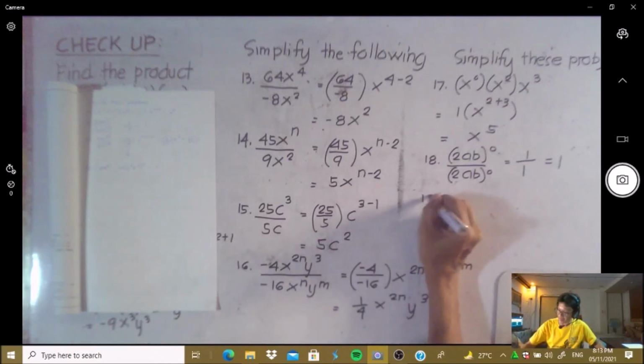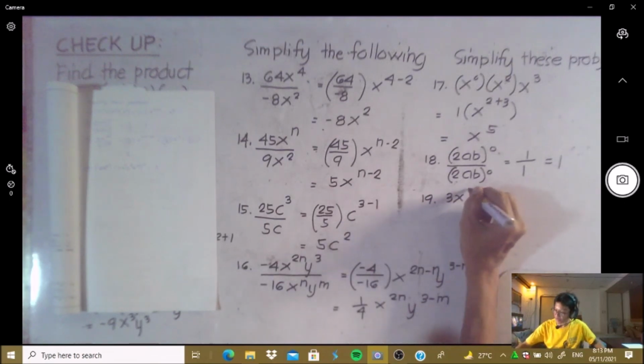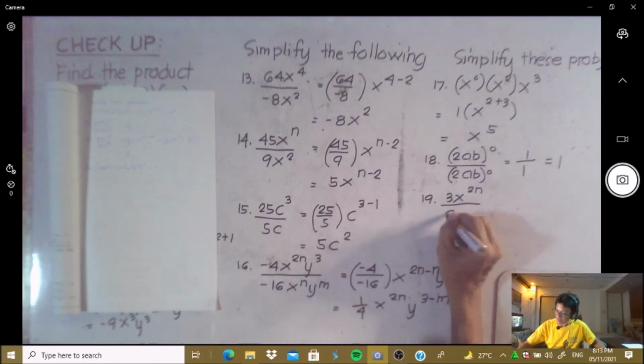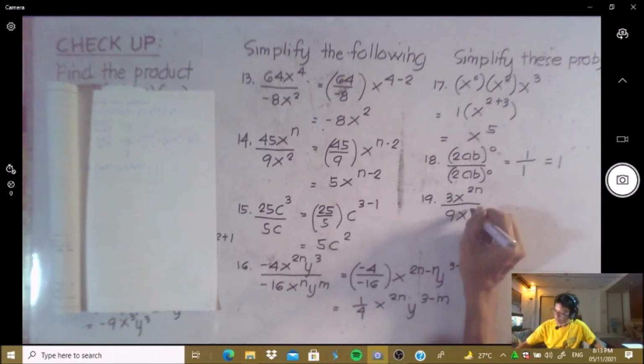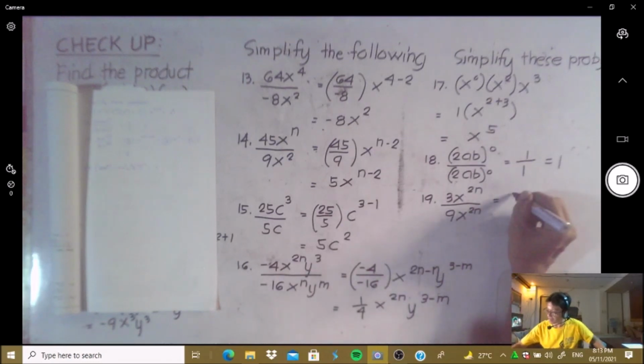For number 19, we have 3x raised to 2n divided by 9x raised to 2n. Therefore, we have 3 over 9.